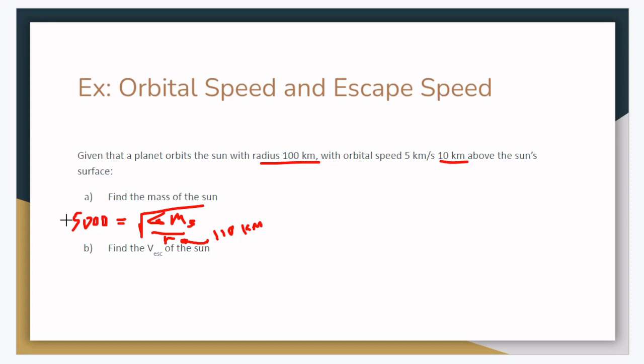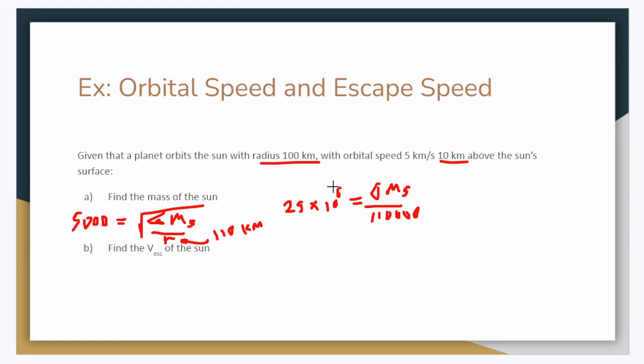So let's do that. If we square both sides, we get 25 times 10 to the 6th, meters squared per second squared, is equal to G times the mass of the sun over the radius, which is 110,000.